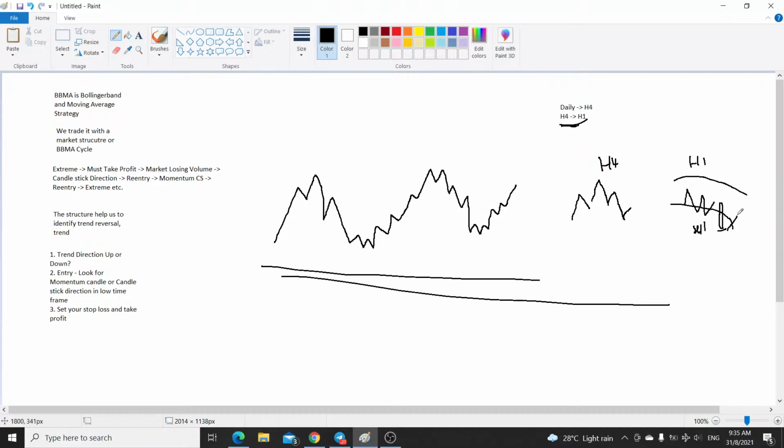So price re-entry here. You could enter re-entry here, up to you. But this is what I'm talking about. So here re-entry, we go to H1, look for CSAK, candlestick direction, or momentum candle.